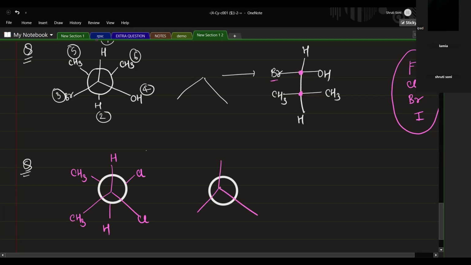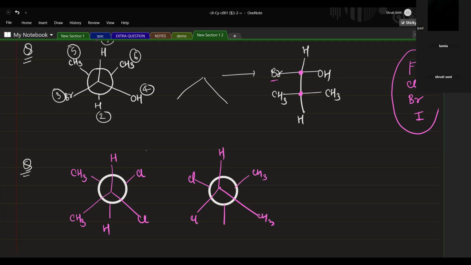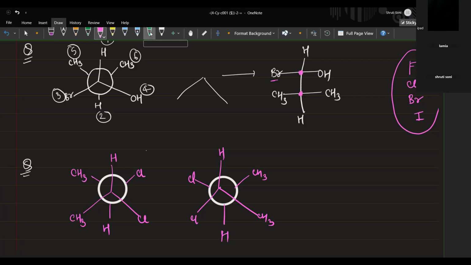And here, hydrogen, Cl, Cl, CH3, CH3, and hydrogen. Okay, now you identify whether the given compounds are diastereomers or enantiomers.